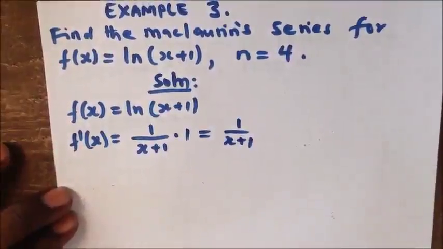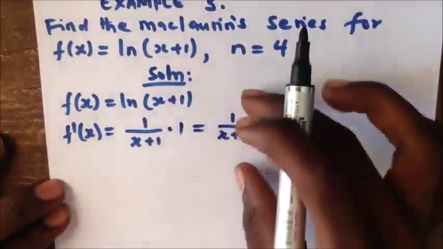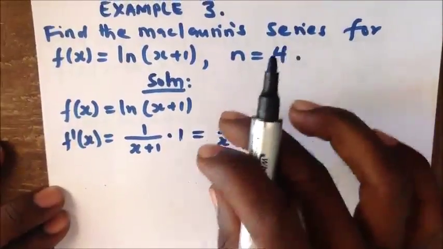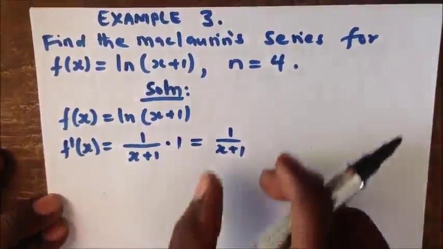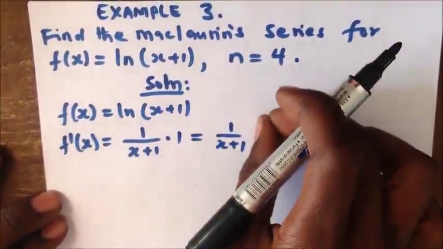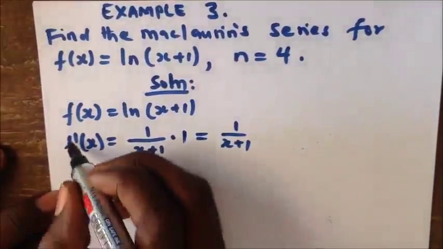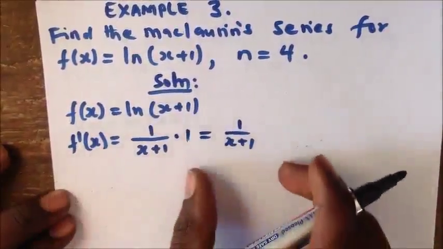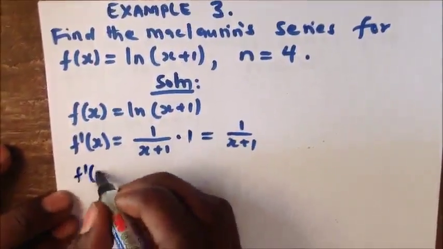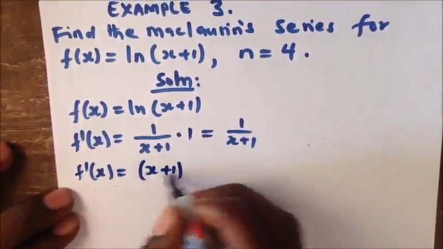The second derivative. To find the second derivative, this function is in fractional form, so you could apply the quotient rule. But to avoid the quotient rule, we can take this x + 1 from the denominator to the numerator, and it will take a negative power of 1. So before we find the second derivative, we can say f prime of x is equal to (x + 1) raised to the power minus 1.